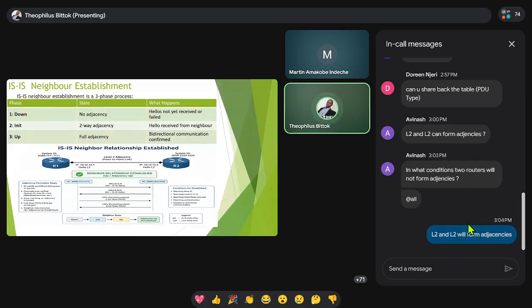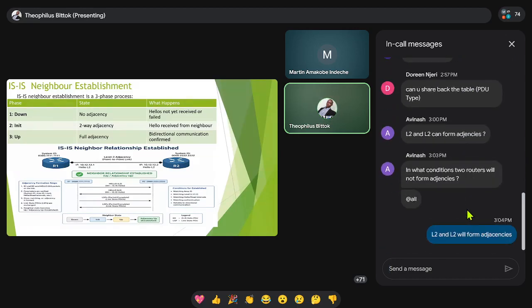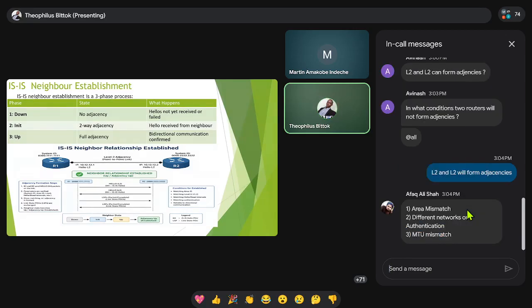But in future you may have issues, for example an LSP being dropped because the MTU size is smaller. You will check and ask yourself, my adjacency is up, so why are some networks not being propagated? It's because some of the LSPs are being dropped due to the different MTU size.